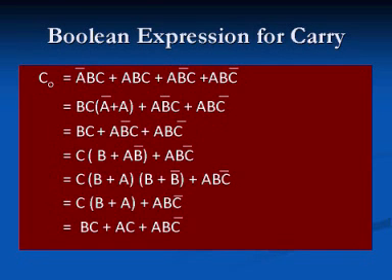Now expanding B plus A B bar as B plus A into B plus B bar, we can write C naught equal to C bracket open B plus A bracket close into bracket open B plus B bar bracket close plus A B C bar, that is C naught is equal to C bracket open B plus A bracket close plus A B C bar.